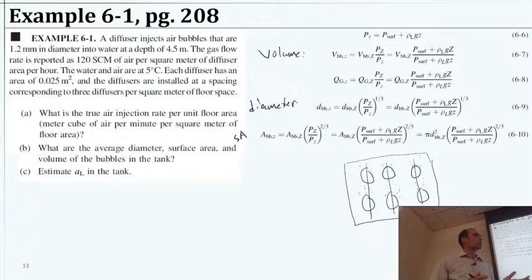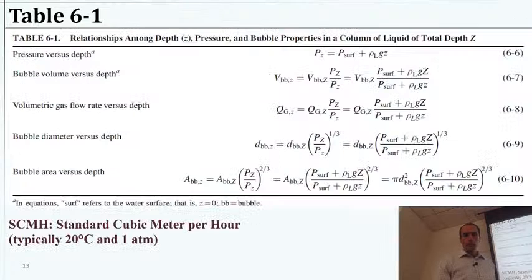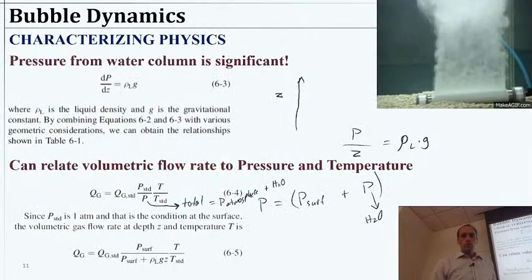So this should actually just be a calculation in that standard cubic meters per hour type of deal. And so I think what we'll need is this volumetric gas flow rate versus depth.